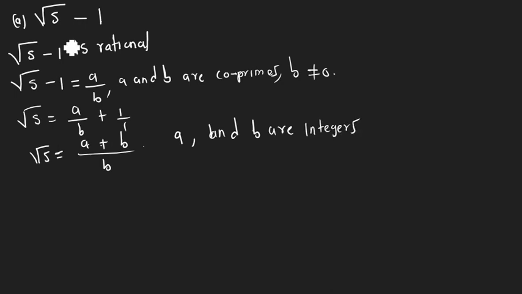If you add these two, then you divide by b, you will get this particular form, which we don't want because rational numbers can't be expressed in that particular form.